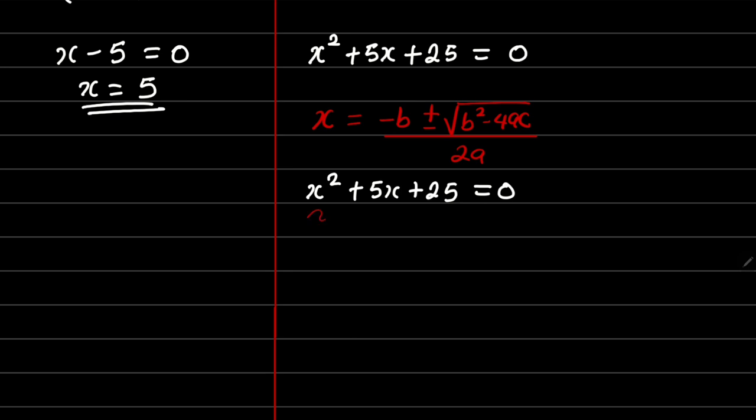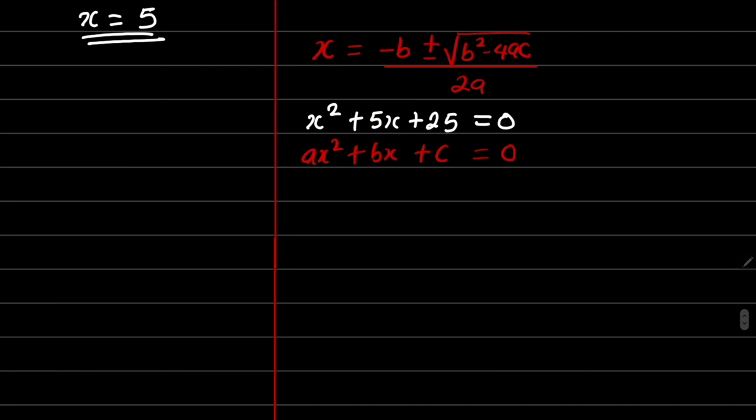And the general format for a quadratic equation is ax squared plus bx plus c is equals to 0. Comparing coefficients, my a must be equals to 1, my b must be equals to 5, and my c must be equals to 25.